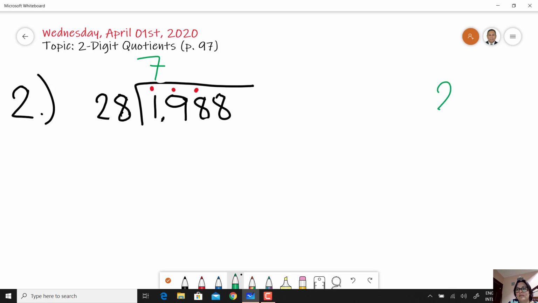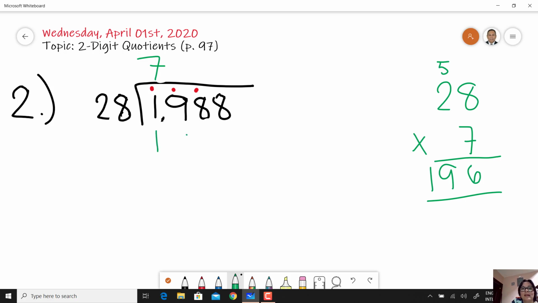So let's try 28 times 7. 7 times 8, 56. Okay, so 6 in here and 5 in there. 7 times 2, 14 plus 5, 19, 196. So this is a number that is very close to 198, so we can use this.